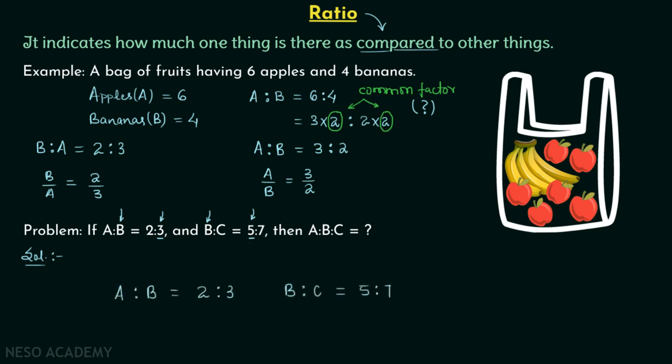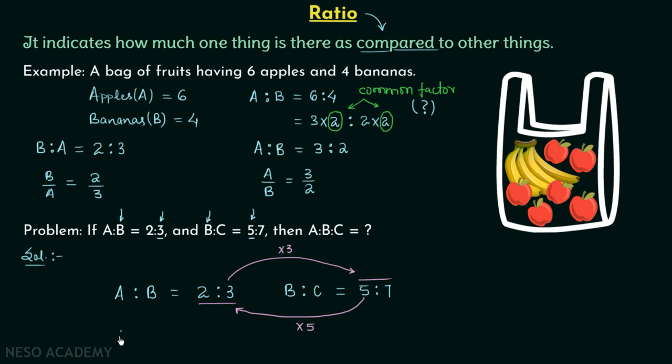We will multiply A ratio B by 5, because B is 5 in the second ratio. So we will multiply 2 ratio 3 by 5. Similarly, we will multiply 5 ratio 7 by 3 because B is 3 in the first ratio. By doing so, we will have 15 here as B, and here also we will have 15 as B, and therefore we will have the same value for B.